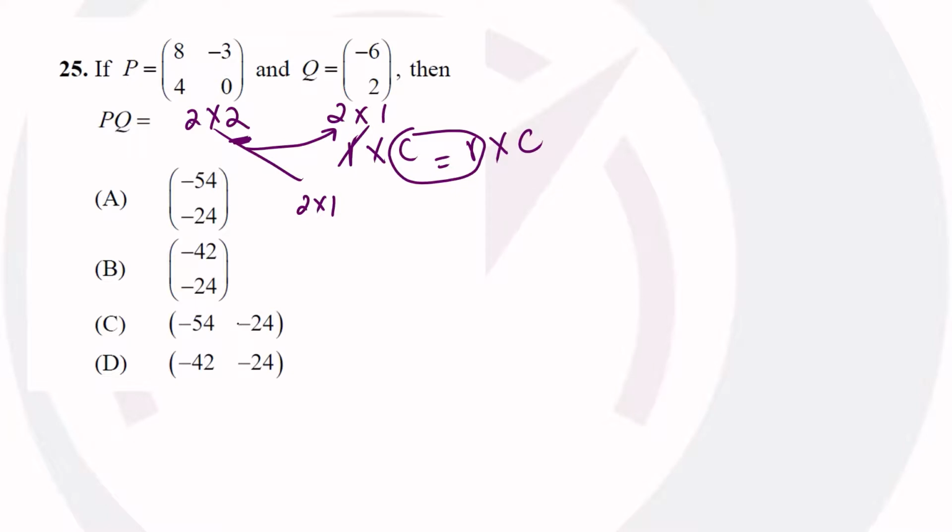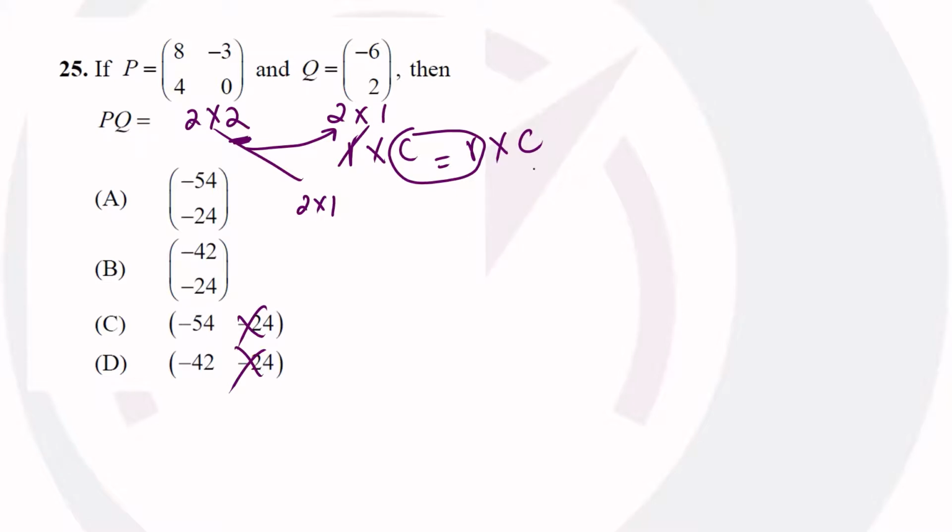So immediately we can eliminate C, because C is 1 row and 2 columns, and D is the same, 1 row and 2 columns. I'm looking for a 2 by 1. Now A and B are 2 by 1, but which one is the correct one?